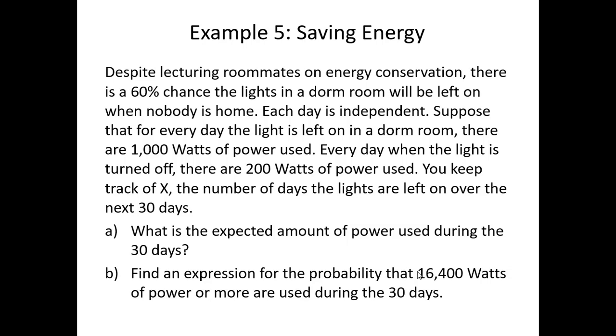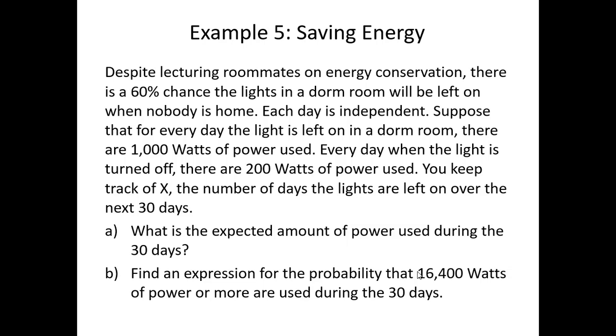One last example. We're going to think of this as an extension in a certain way. Suppose, despite lecturing roommates on energy conservation, there's a 60% chance the lights in a dorm room will be left on when nobody is there. Let's assume each day is independent.